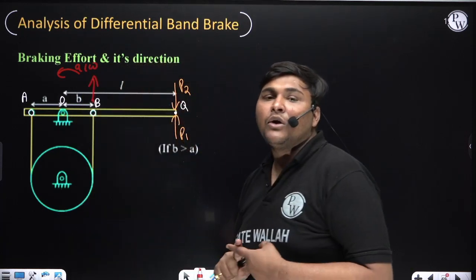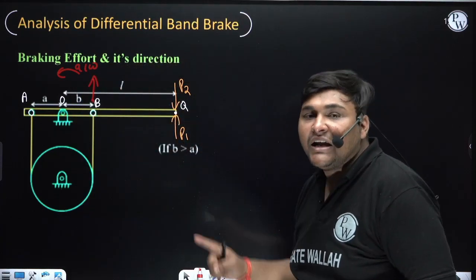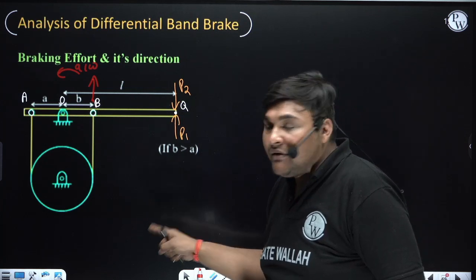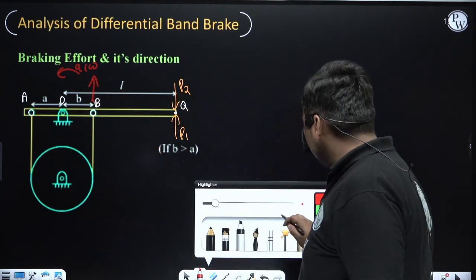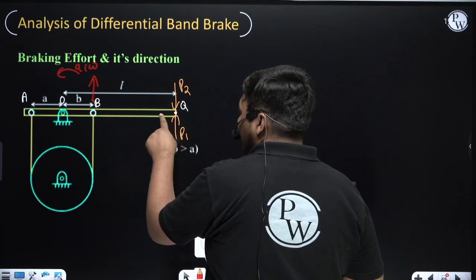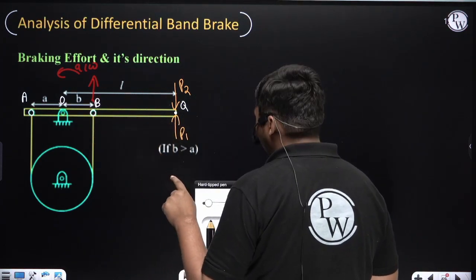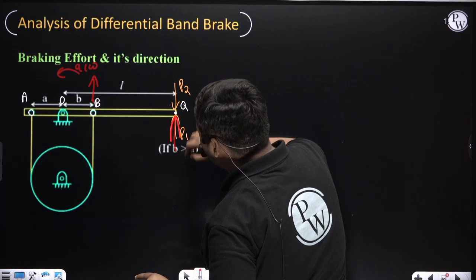So the direction of braking effort should be such that it tries to rotate the lever about the fulcrum in anti-clockwise direction. To do that, we apply braking effort in this direction.